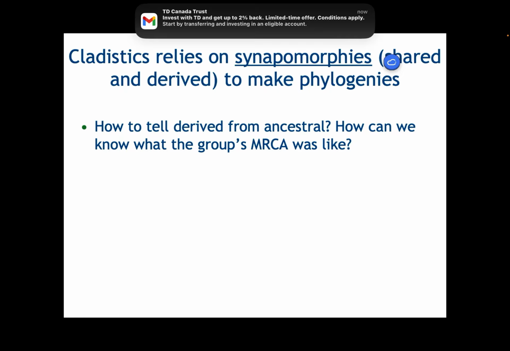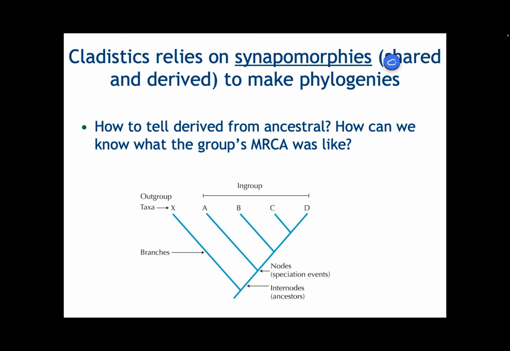Well, it turns out we can use the principle of outgroup analysis. And what do I mean by an outgroup? It's a relative, not too distant relative, of the group of interest.